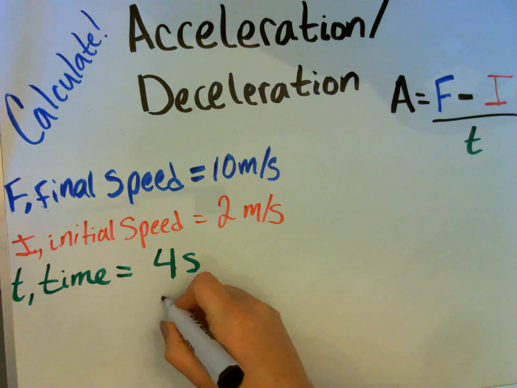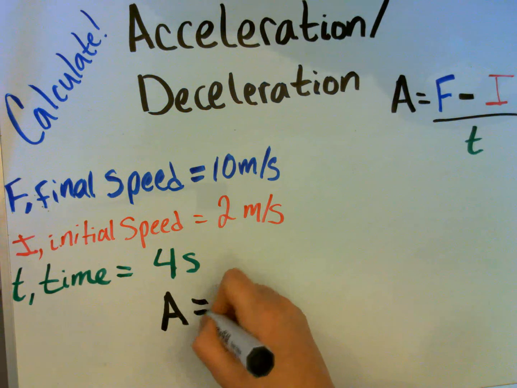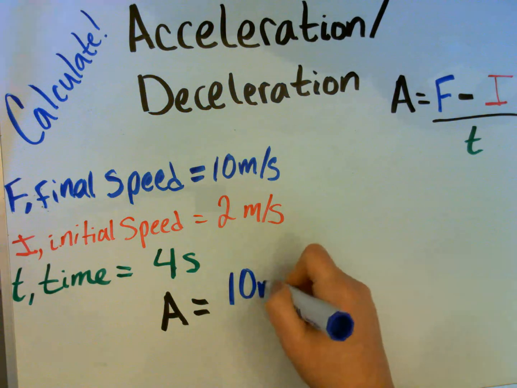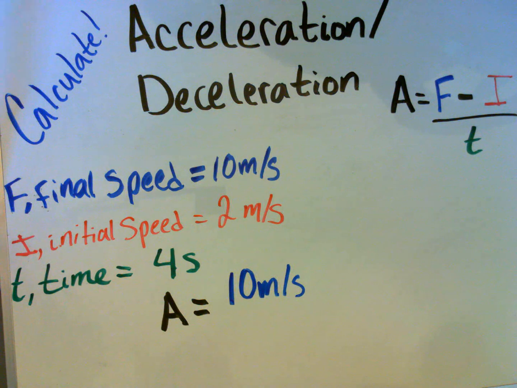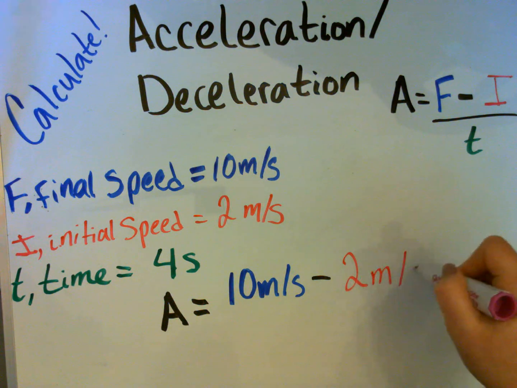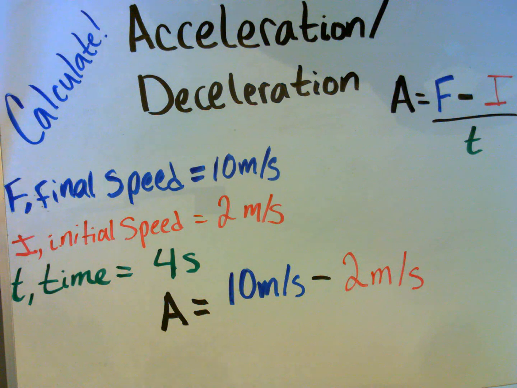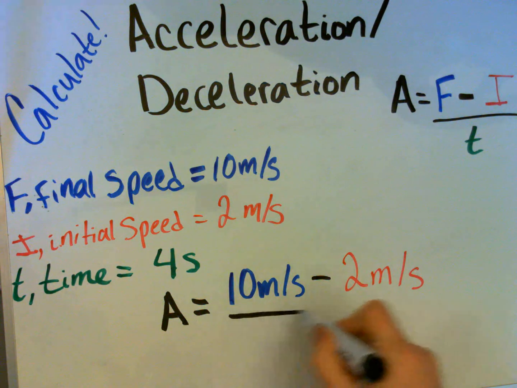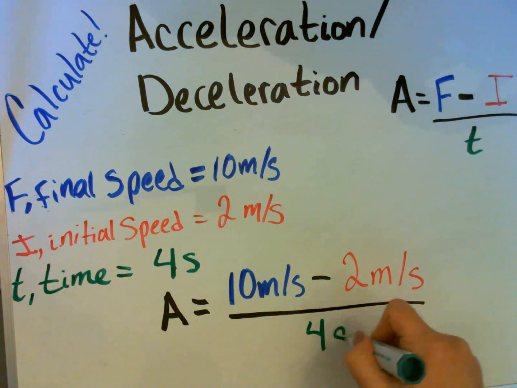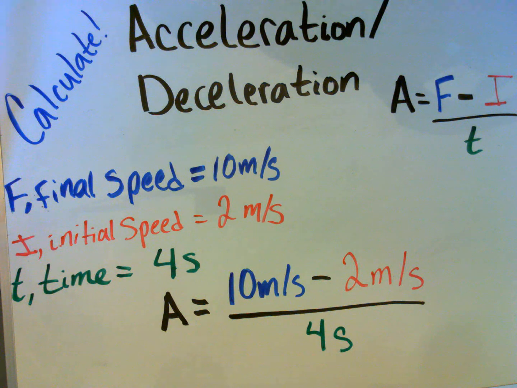We know that acceleration is going to equal 10 meters per second minus 2 meters per second, all divided by 4 seconds. So I want you to pause the video and take a moment and try to solve this problem on your own.